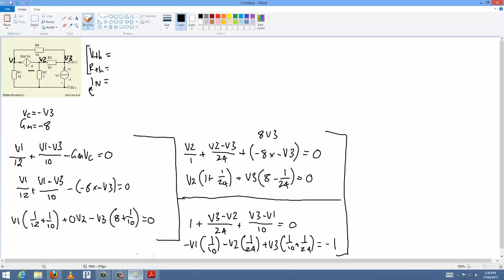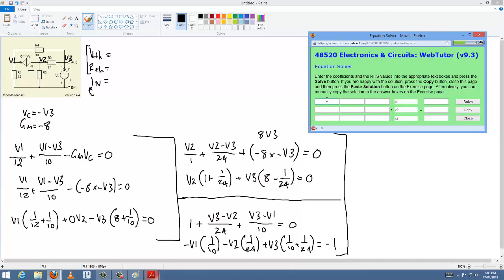And we have our handy equation solver here. Let's see if I don't screw this up. First equation, 12 plus 10. And through here, 8, 1, nope, just 1. It's negative 0.